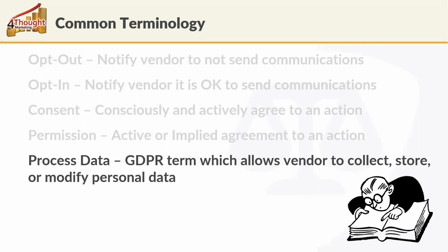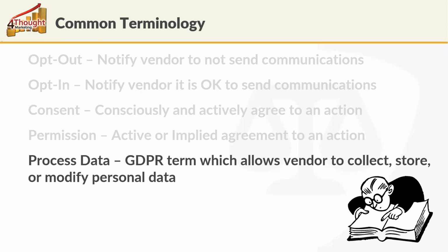If somebody has not given you consent to process data, you obviously can't communicate with them because you can't store their data from which you would communicate to them. So GDPR is a little bit different in the way that they structure the law, but the bottom line is that processing data basically, in practice, gives you the ability to communicate with an individual as well. So that's kind of high-level compliance.